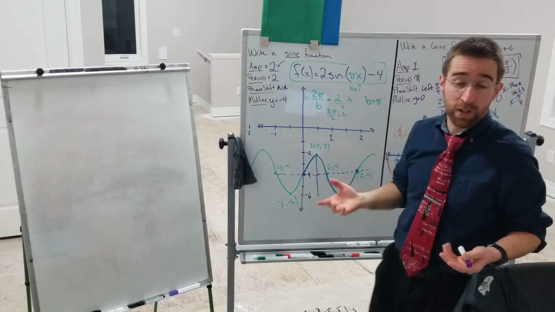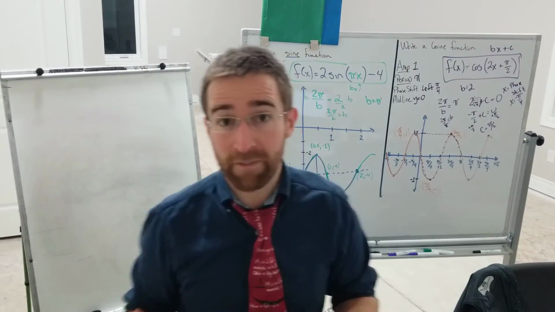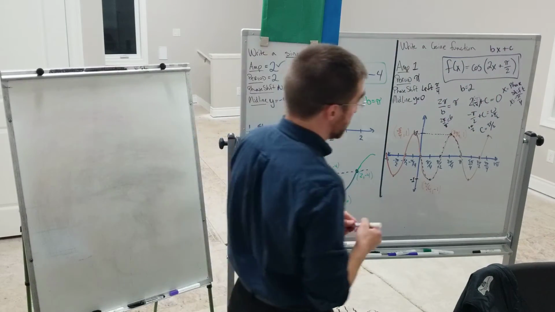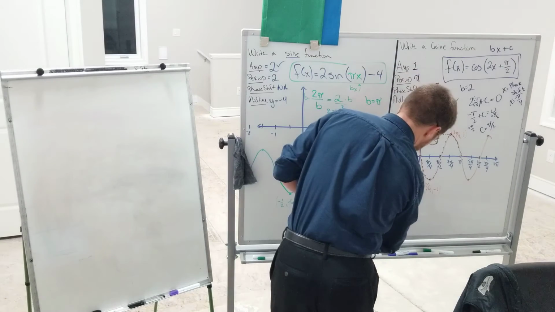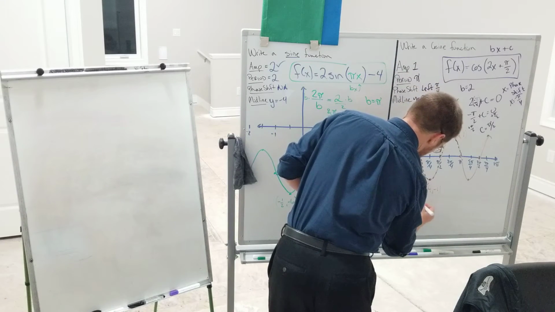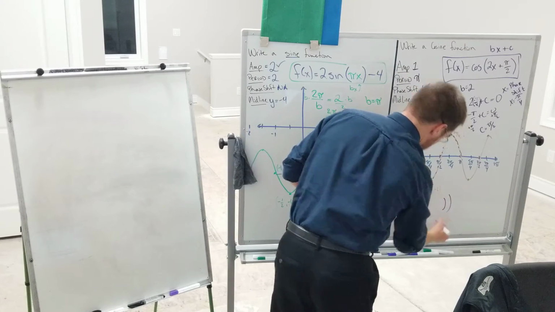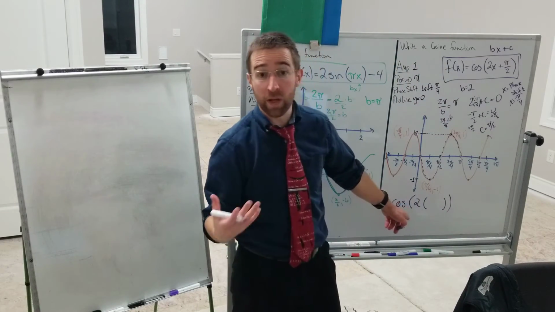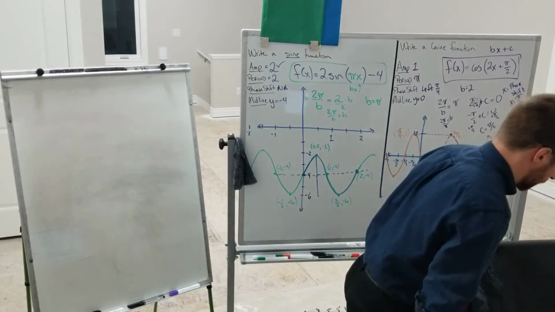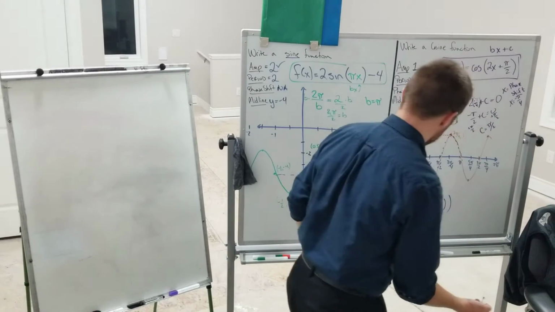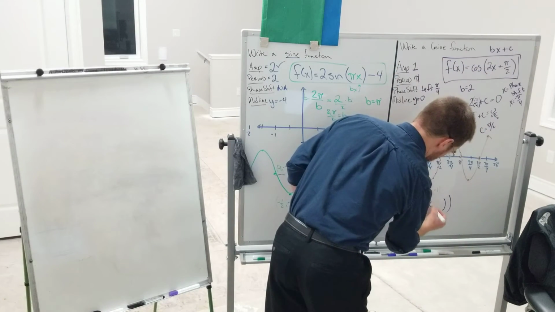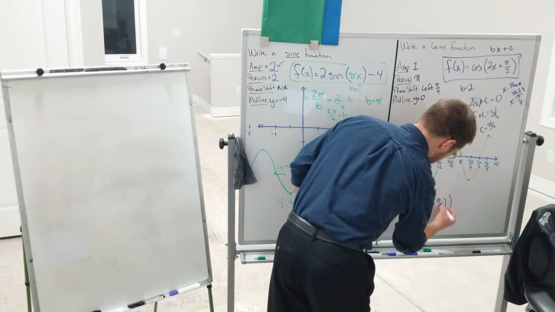There's another cool trick we could use to find that phase shift, or to find the c value from the phase shift, sorry. We know we have cosine of, right? The b value is 2. Now what we can do is go x plus pi over 4.